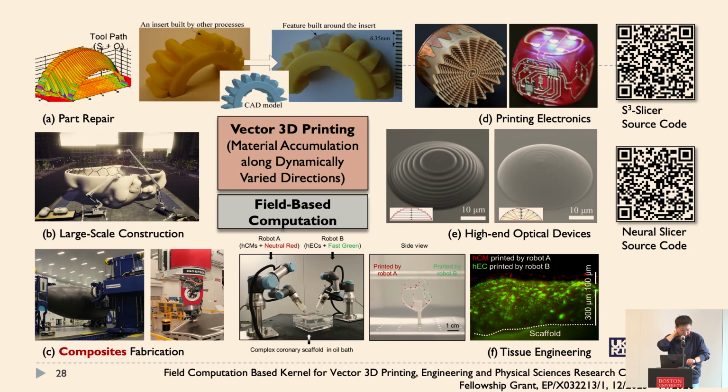So the key message I'm going to deliver today in the first part of my talk is that multi-axis 3D printing is actually giving you a very good tool. We're able to change many, many downstream applications. So I call it a kernel. This is because with the help of this field-based computation, you are able to change everything from part repair, printing electronics, to large-scale construction.